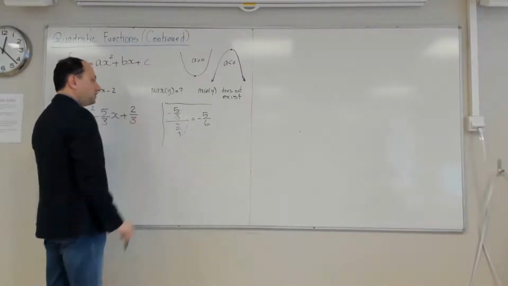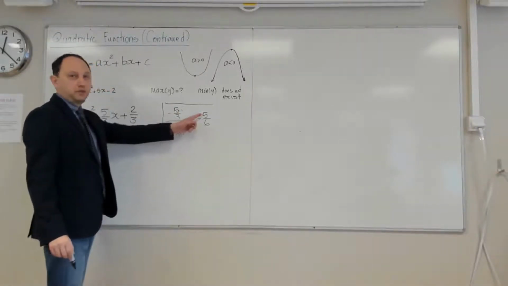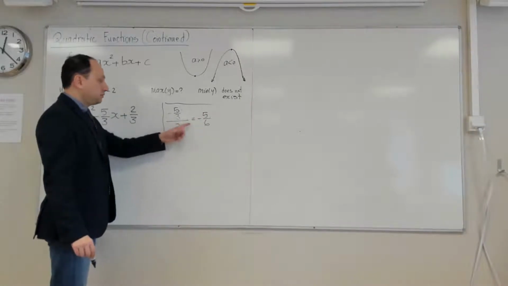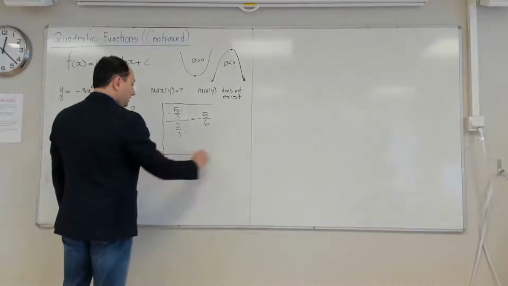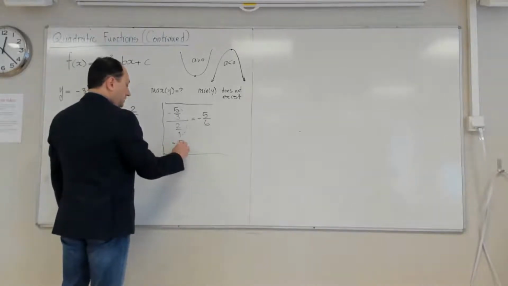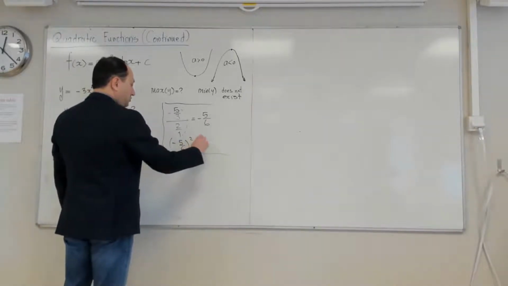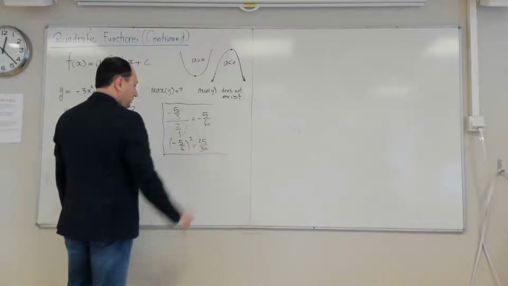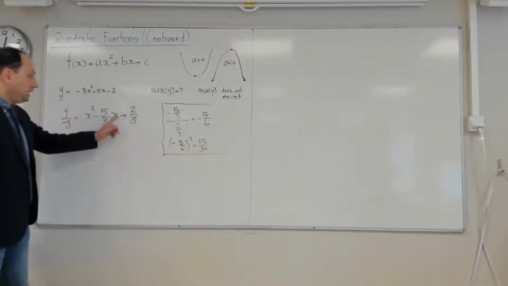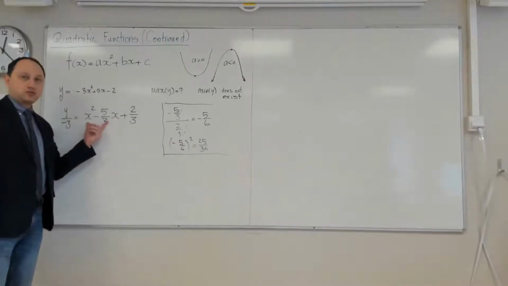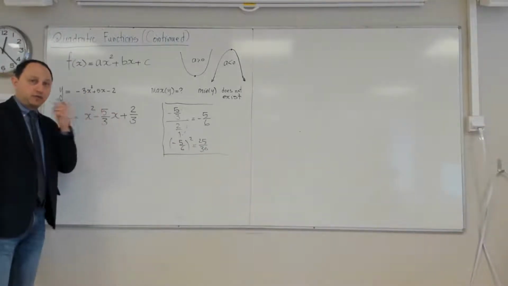I multiply, these are far away from each other, put them in the numerator, and then multiply them and put them in the denominator. And then you remember that you have to square this, minus 5 over 6 squared, which becomes 25/36 positive. So this is the number that you need to turn the first two terms into a complete square.